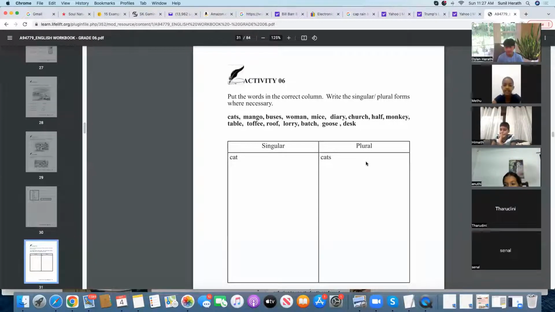Does that make sense? You have one woman, and then many women. So the difference is the E here. Women is plural, yes. I think I might have just said it wrong, sorry.